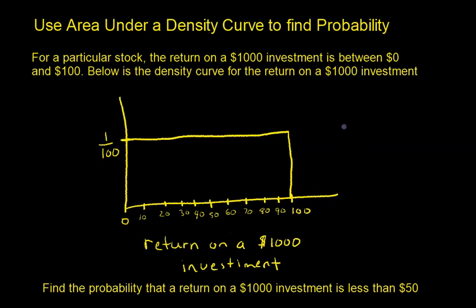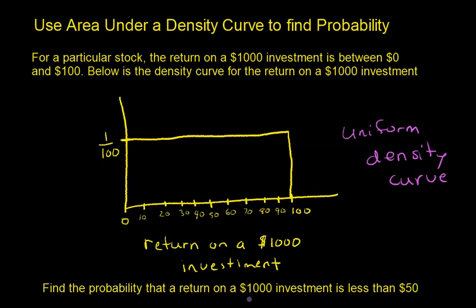It's called the uniform density curve, because the probability for the return on investment is uniform for all the different values between 0 and 100. Okay, let's try to answer some of these questions.